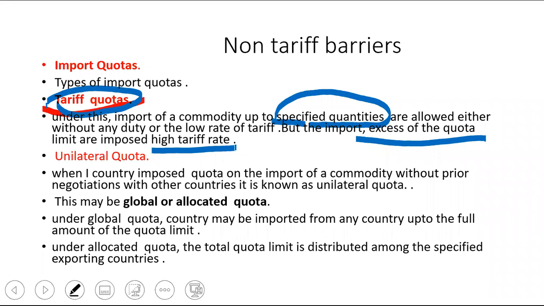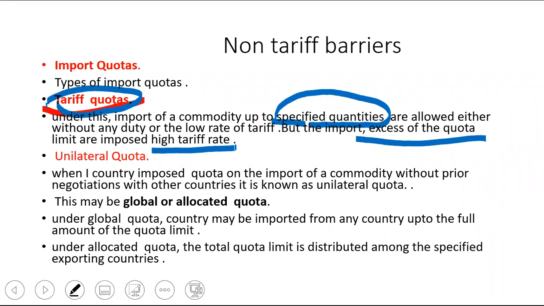So in this case, what will be the role of government? Government will fix the quantity. Okay, up to 2 lakh or up to a particular limit. What will happen? You can import. 2 लाख तक आपको gold import कर सकता है. Madam, then कैसा duty देना पड़ेगा?